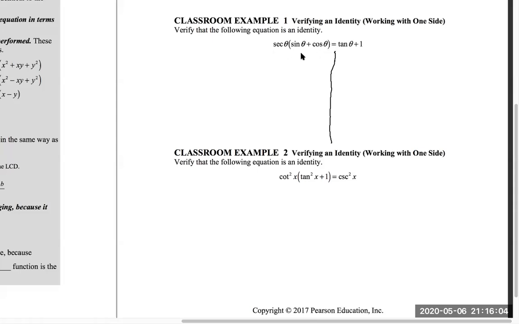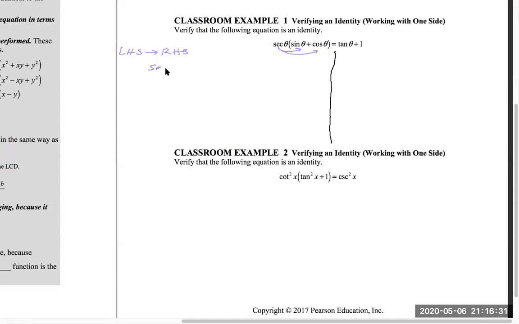Well, the left-hand side. For this one, you would need to change tangent theta into sine and cosine terms first. So let's look at it this way. Essentially what we're going to show here is left-hand side turns into right-hand side. So first thing we're going to do is distribute.